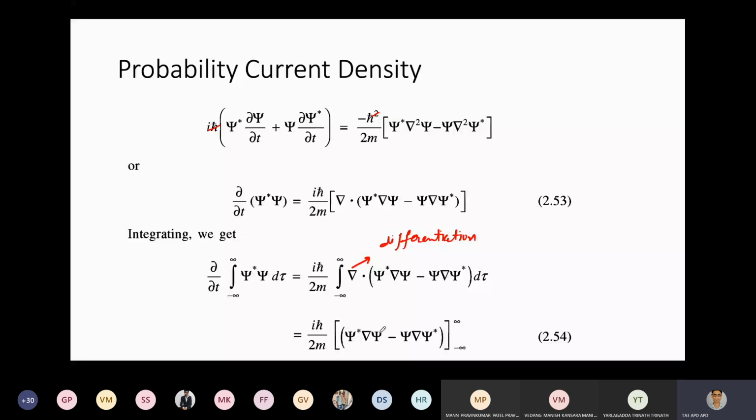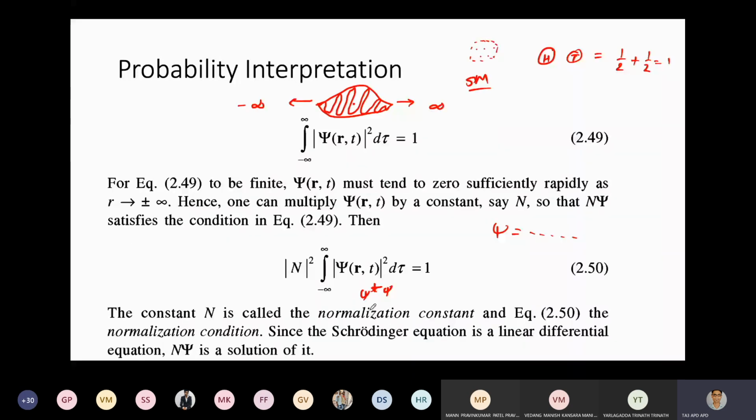Now let us go back where we said that for this to be possible, ψ must tend to 0 sufficiently as r tends to plus or minus infinity.